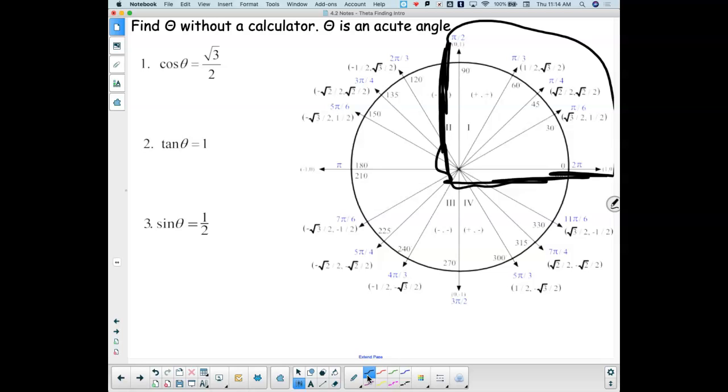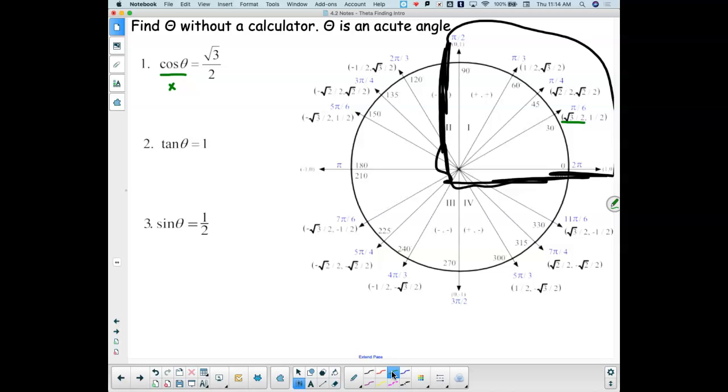We're limiting it just into quadrant number 1. So where in quadrant number 1 is the cosine the square root of 3 over 2? So cosine is x, right? So the x value is here. That's the square root of 3 over 2. So that's what? 30 degrees.